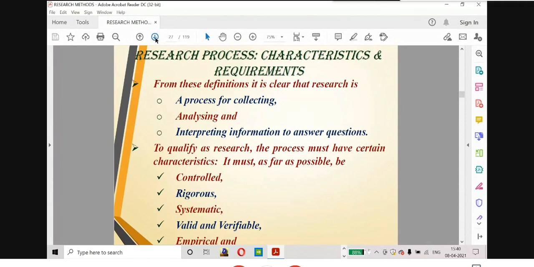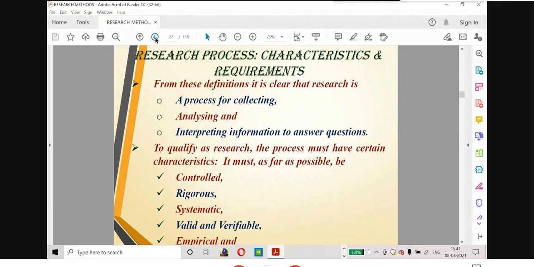Now, to qualify as research, the process must have certain characteristics. If you are to be called a graduate engineer, you should go through certain procedures. You have to clear certain examinations, conduct a project, and get internship training.